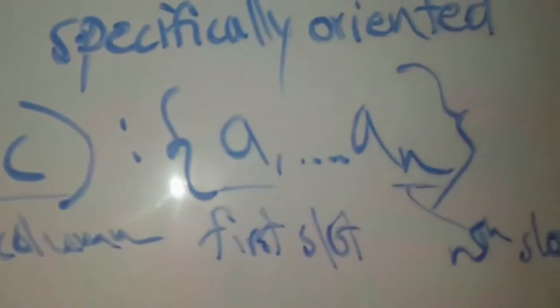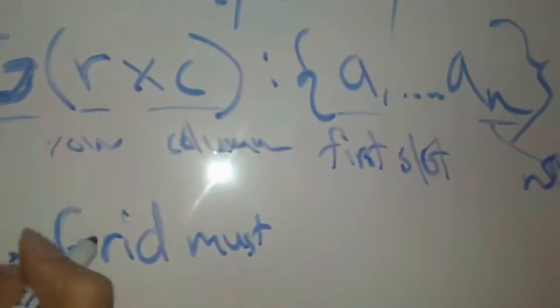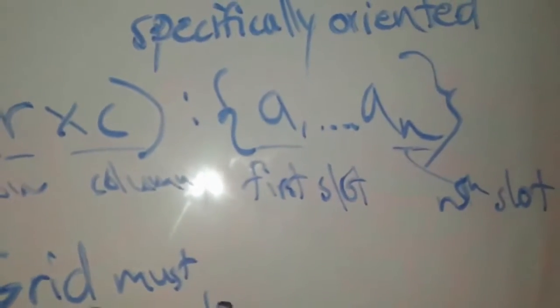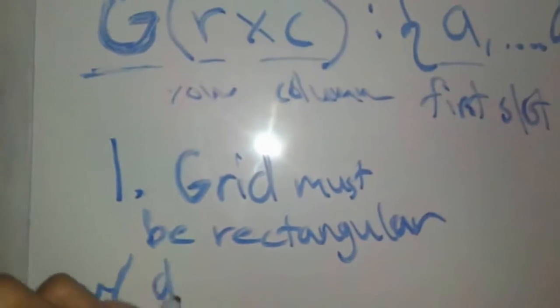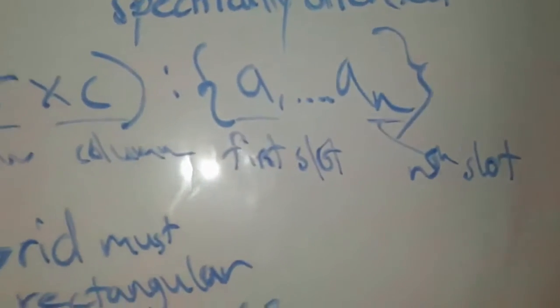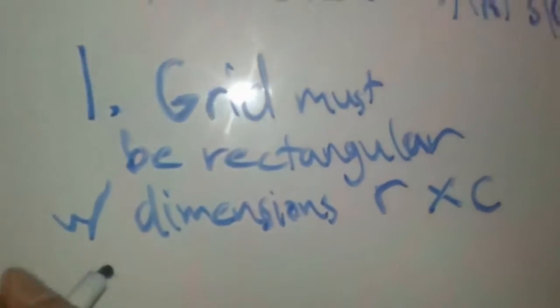Condition number 1: the grid must be rectangular with dimensions R times C, such that R and C don't equal 0, and R and C are in the set of positive integers.